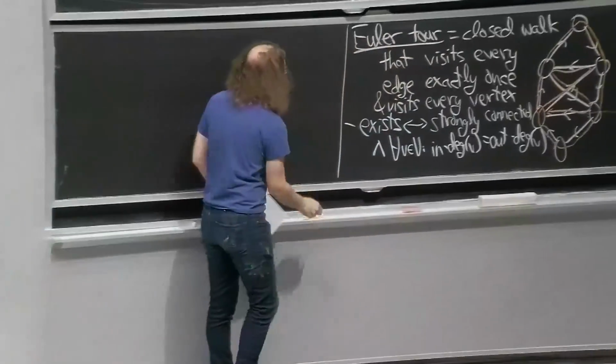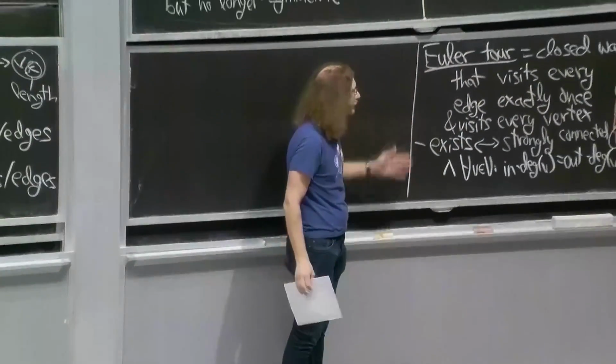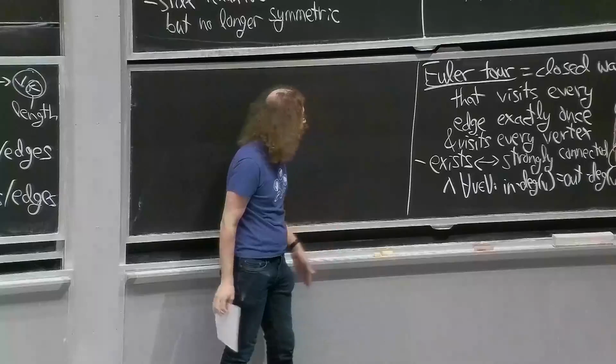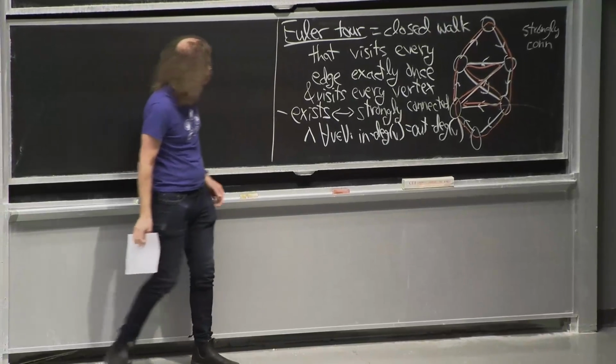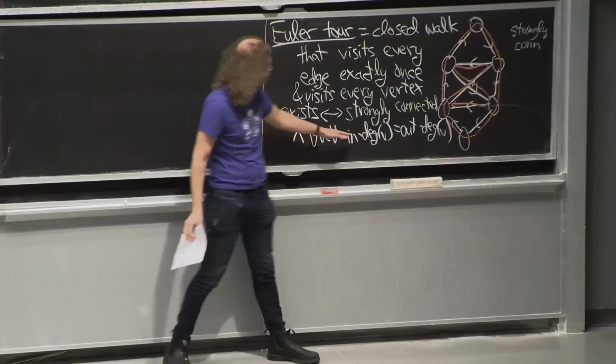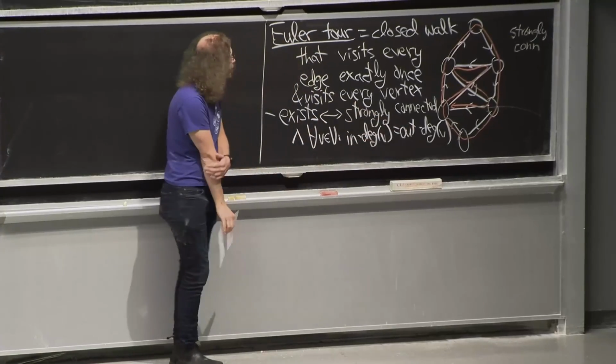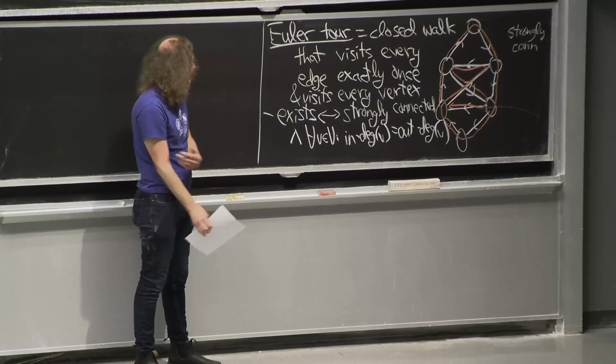And there's a similar characterization for Euler walks instead of Euler tours. It's just a little uglier, so I won't go into it. It's just you allow these to differ by 1 for a couple of vertices in a particular way.